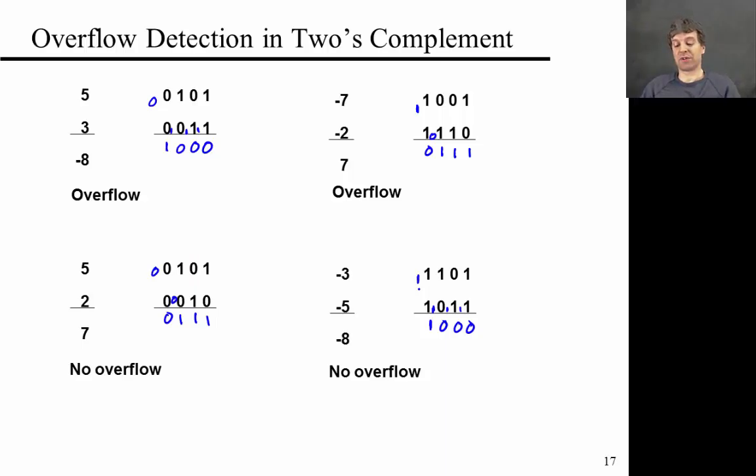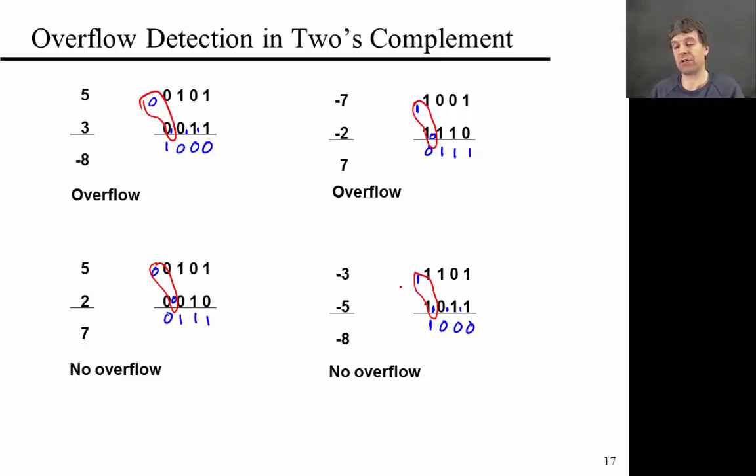Okay? So one thing you might observe, it's not entirely obvious, is that in the 2 cases up here, where you had overflow, the carry into the last bit and out of the last bit are different. While in these 2 situations where you did not have overflow, the carry into the last bit summation and the carry out of it are the same.